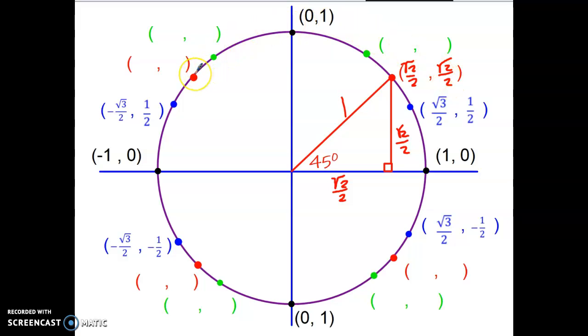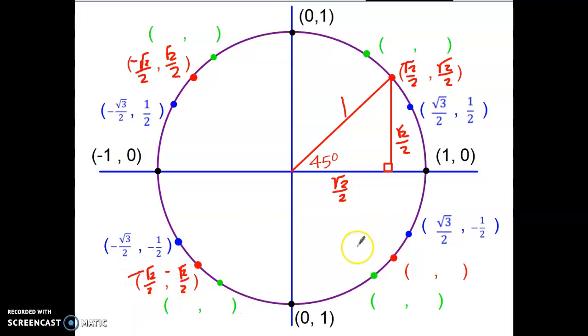Well, then if I move into the second quadrant, you remember in the second quadrant, sine was positive. We wrote that up at the top, but cosine was negative. So I have that. In the third quadrant, tangent was positive, and that means that both cosine and sine were negative.